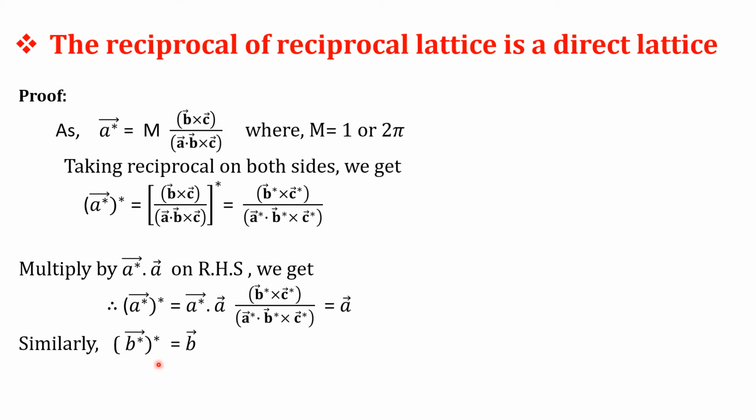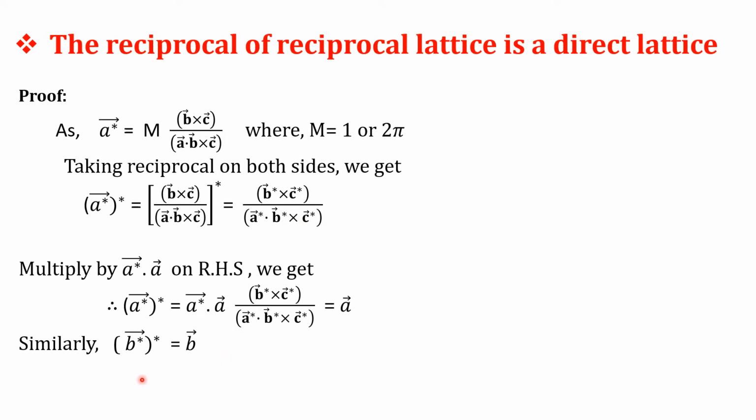Similarly for B star vector, if we take again the reciprocal of the reciprocal lattice vector and simplify in the same manner, B star bracket star equal to vector C star dot vector A star divided by vector A star dot vector B star cross vector C star.